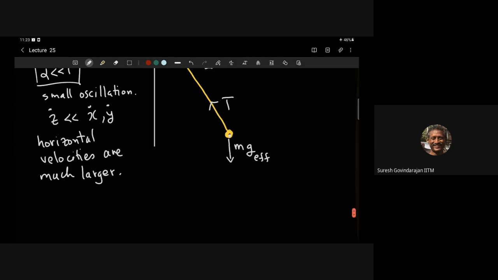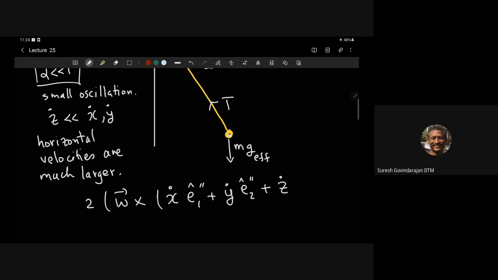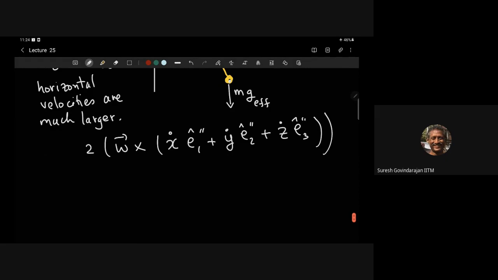So let us now do the equation in the Z direction. So we need to do one more computation, right? So we need to do omega, so 2 into omega cross the velocity, right? So that is x dot. This is what, right?